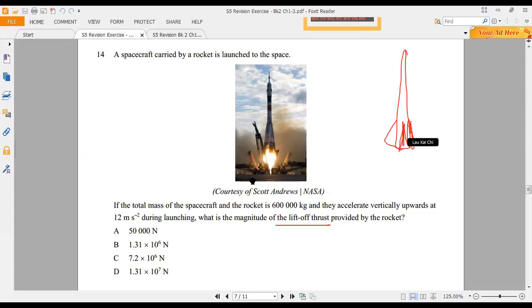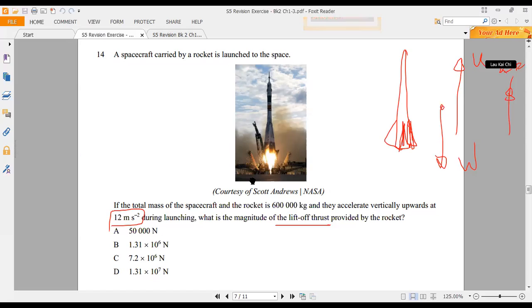So how many forces are in it? There's only two forces. First, the weight downward. Another one is the upward thrust U. So now if the acceleration is 12 upward, 12.